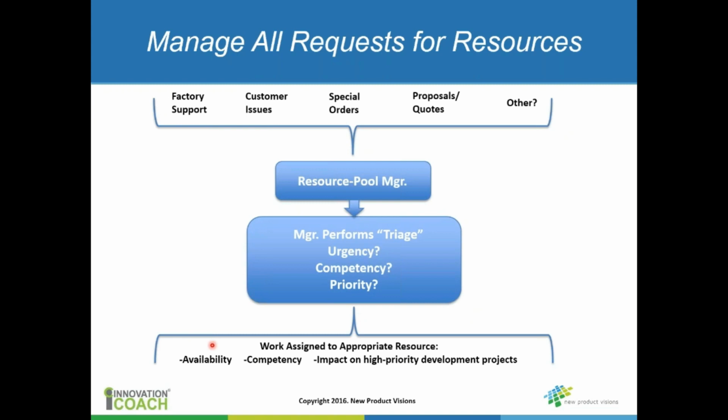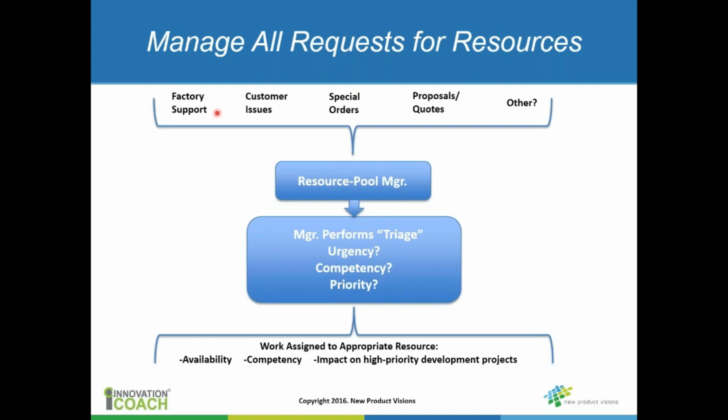And it's really better to think of all this stuff as flowing through a focal point. And the best person to do this is whoever's managing that pool of resources. Then they look at these requests in terms of performing some triage. What's the urgency? Who really has to do this?